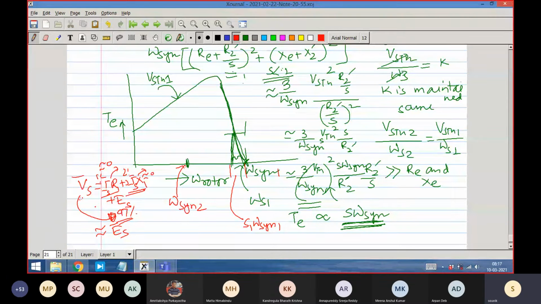Earlier, most of the flux path passed through the iron part, and there was only a small air gap between the stator and rotor to magnetize. Now the core itself has become air. The magnetic material has lost its magnetism. Mu r has become equal to 1 if it saturates.